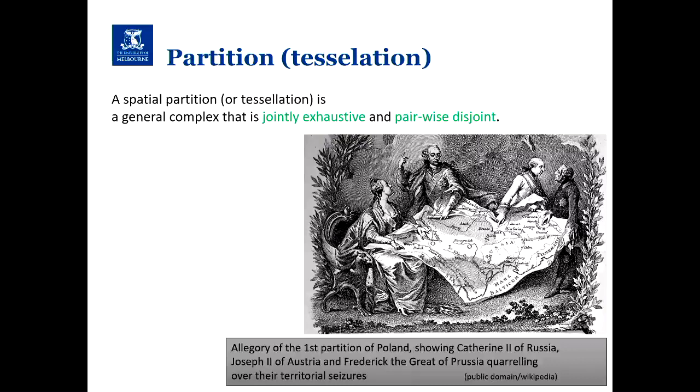And then pairwise disjoint means that we don't allow any overlap of the cells. We require that each cell in a raster belongs to exactly one partition. Yes, they can be joined, they can share the border, but it belongs to exactly one, if you think about it as one country.